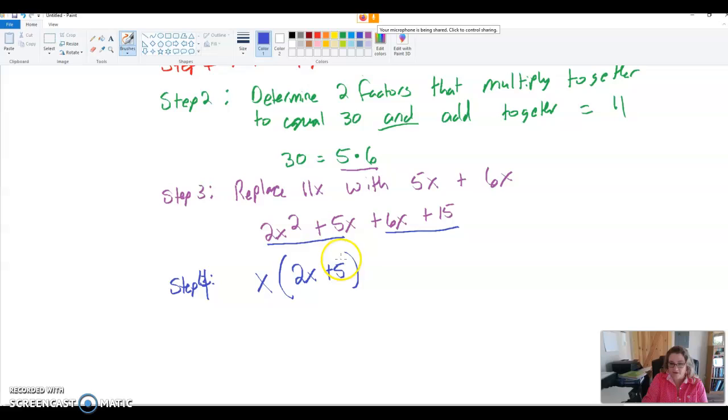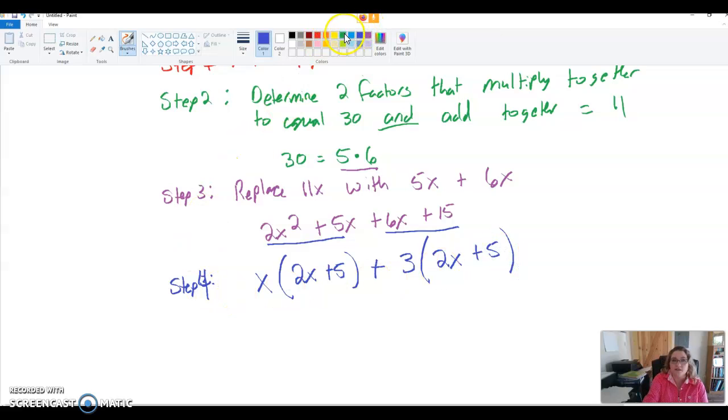So this first part I factor, plus, now I want to see what number does 6x and 15 have in common. Well, 6 and 15 are both divisible by 3. So I'm going to pull a 3 out. 6x divided by 3 leaves me with a 2x. 15 divided by 3 is going to leave me with a positive 5.